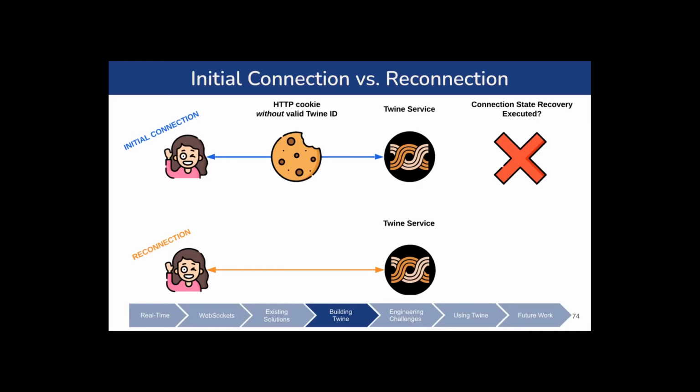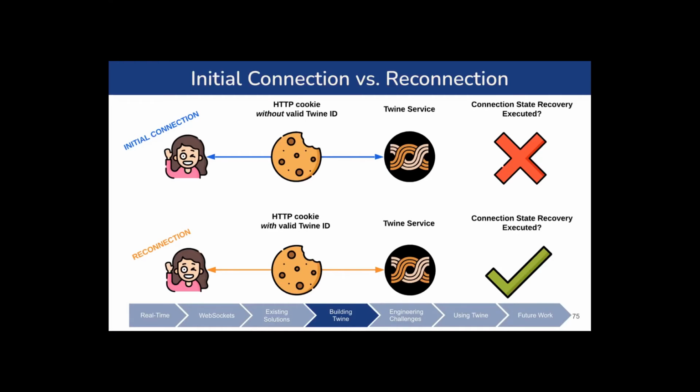For initial connections, a fetch request is sent to the Twine server. The server checks if the request includes a cookie containing a valid Twine ID. Since the Twine ID is absent during the initial connection, connection state recovery logic is skipped. Subsequently, the server generates a random ID, assigning it as the Twine ID in the client-side cookie.